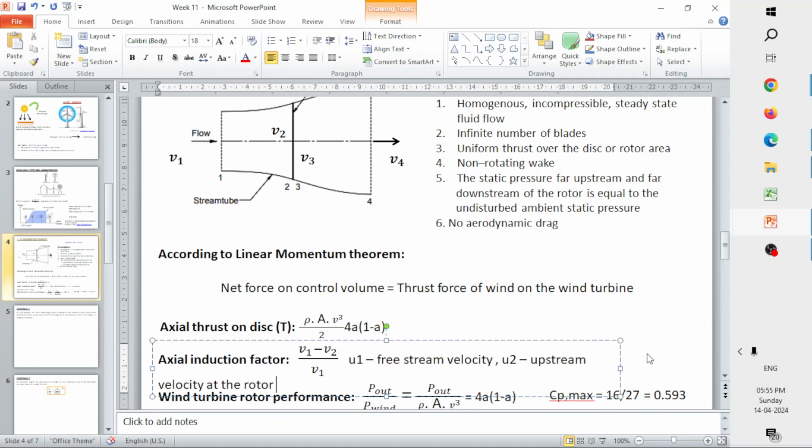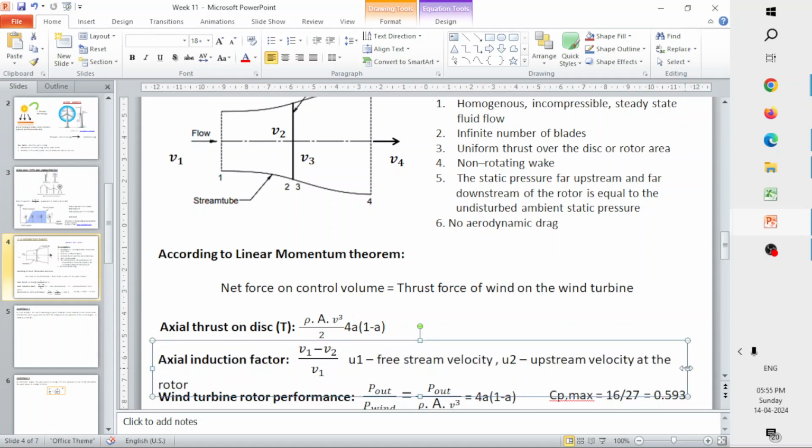The rotor is actually placed at points 2 and 3 if you see, so that is the reason we write upstream velocity at the rotor.